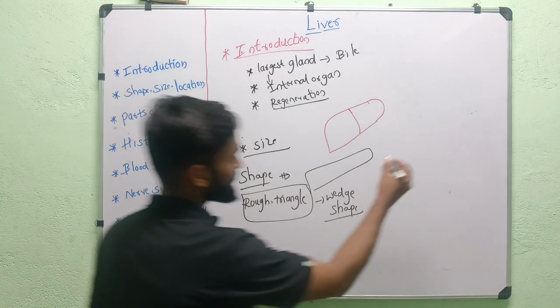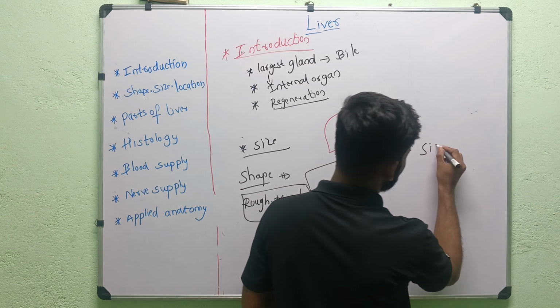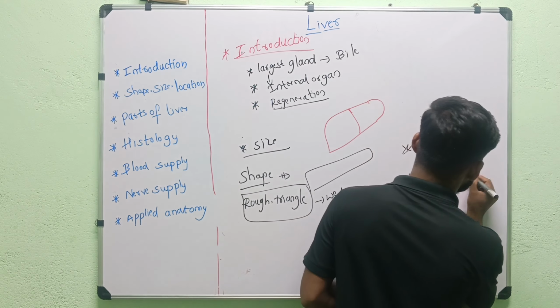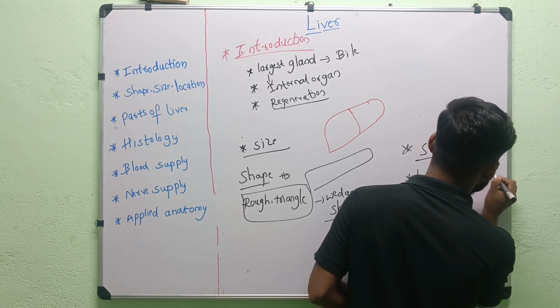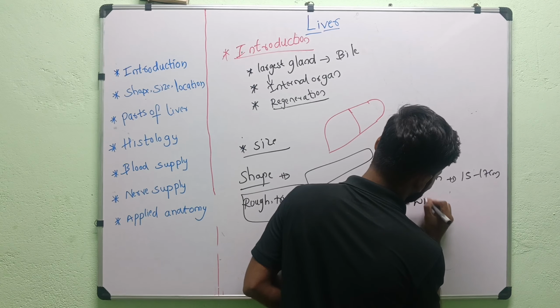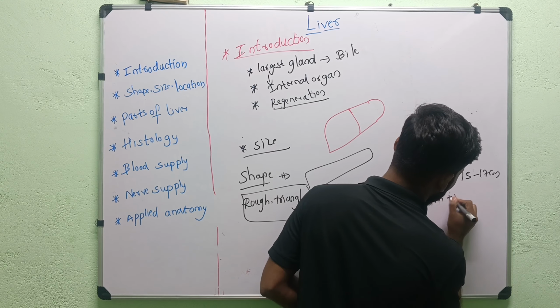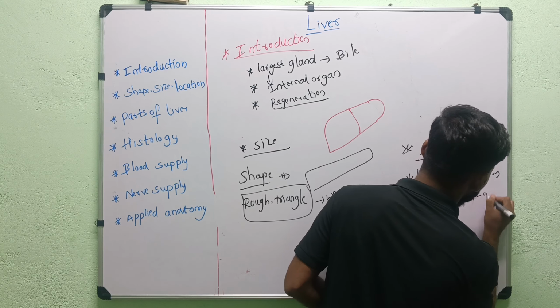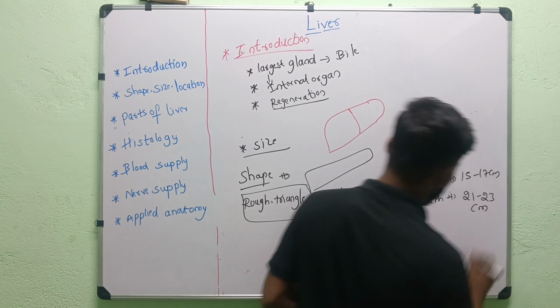In size, the length of liver is 15 to 17 centimeter. Then the width of liver is 21 to 23 centimeter.